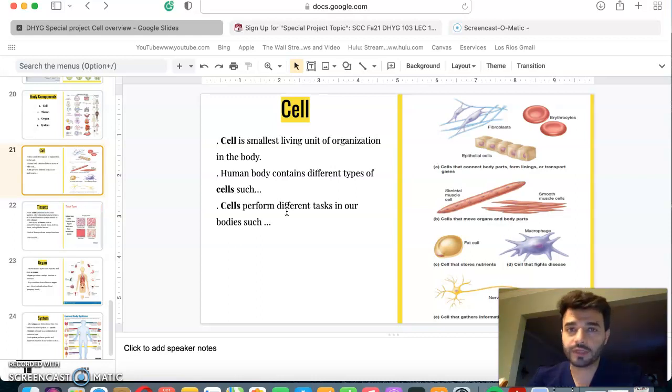The human body has different types of cells, and each cell has its unique function. We have cells like epithelial cells or skeletal cells, cells that move organs and body parts, like skeletons. Fat cells that store nutrients. Macrophages, cells that fight disease.